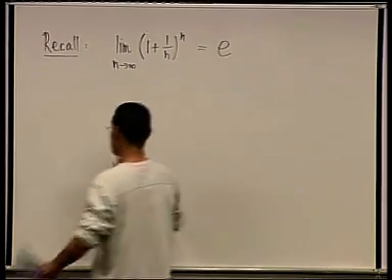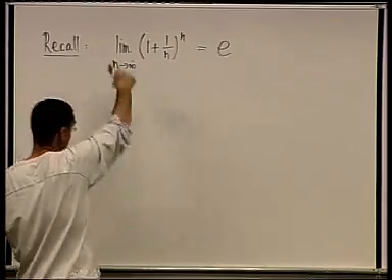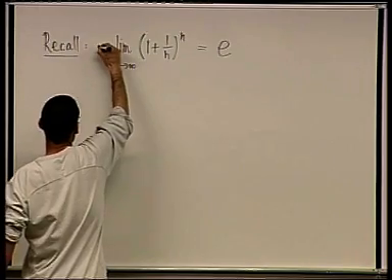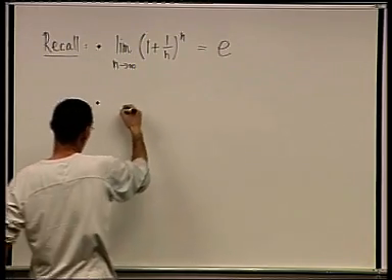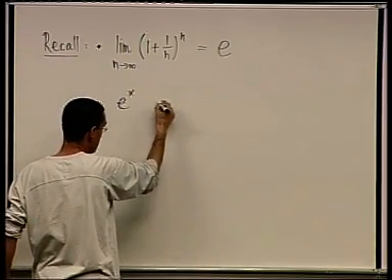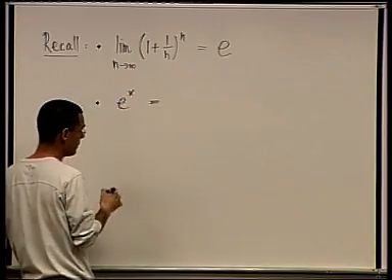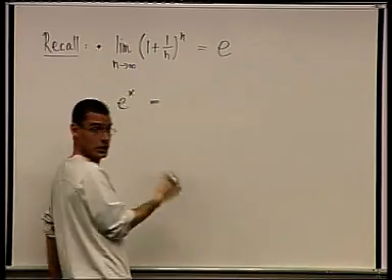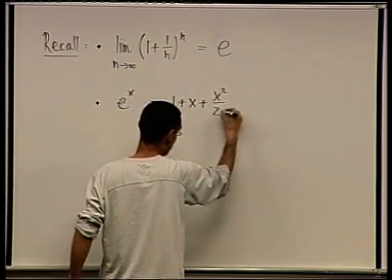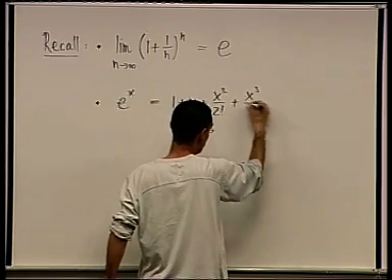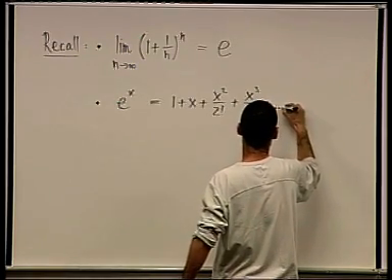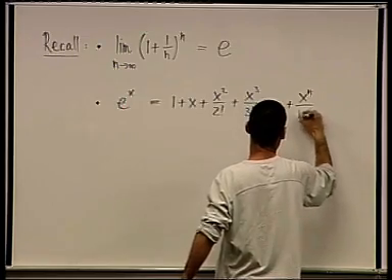So this is one fact, from quite a while ago when we talked about sequences. But there's another fact from last time. We showed that the function e to the x can be written as its Taylor polynomial, which we calculated explicitly. It was 1 plus x plus x squared over 2 factorial plus x cubed over 3 factorial plus ... plus x to the n over n factorial.